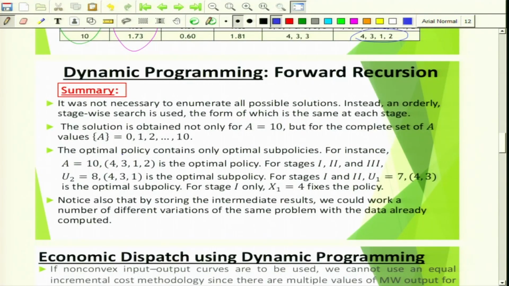For example, the total optimal policy contains only optimal sub policies. For instance, if A is equal to 10, then the best combination 4, 3, 1, 2 is the optimal policy, and for stages 1, 2 and 3, if X4 is gone, then considering 1, 2 and 3, what is the best investment?